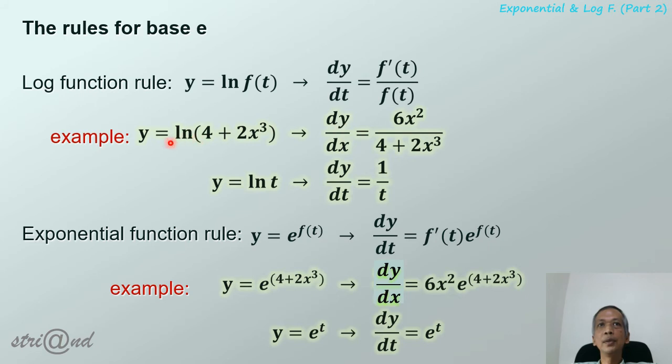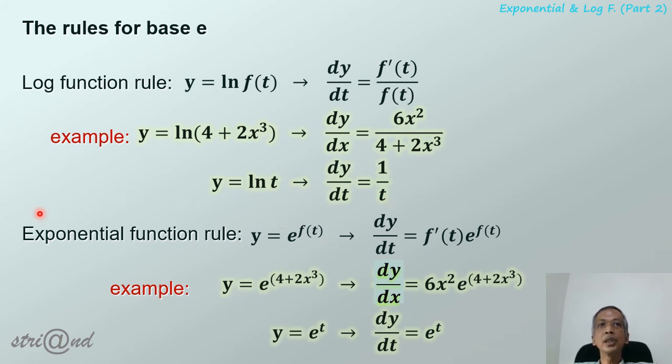The derivative of y with respect to x is the derivative of this function here, so it is 6x squared divided by 4 plus 2x cubed. Y equals the natural logarithm of t. The derivative of y with respect to t is, the derivative of t is 1, divided by t.